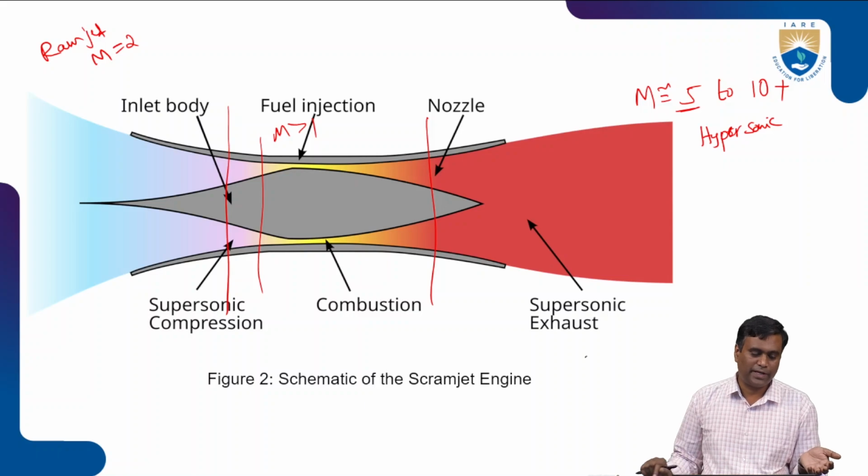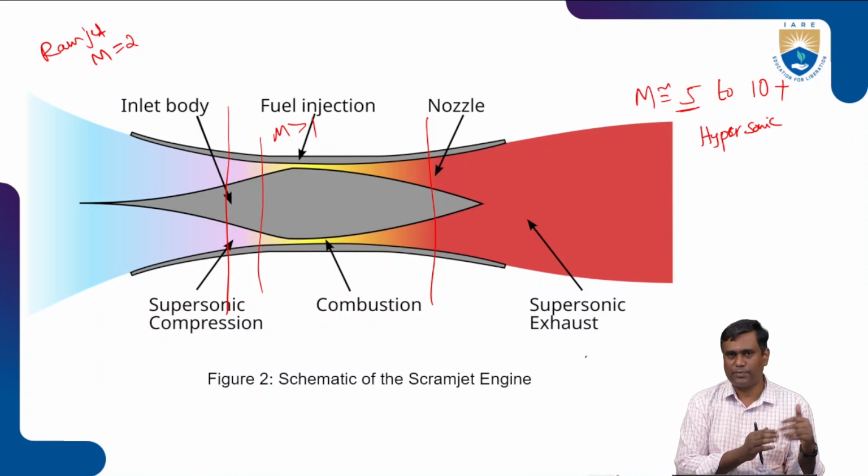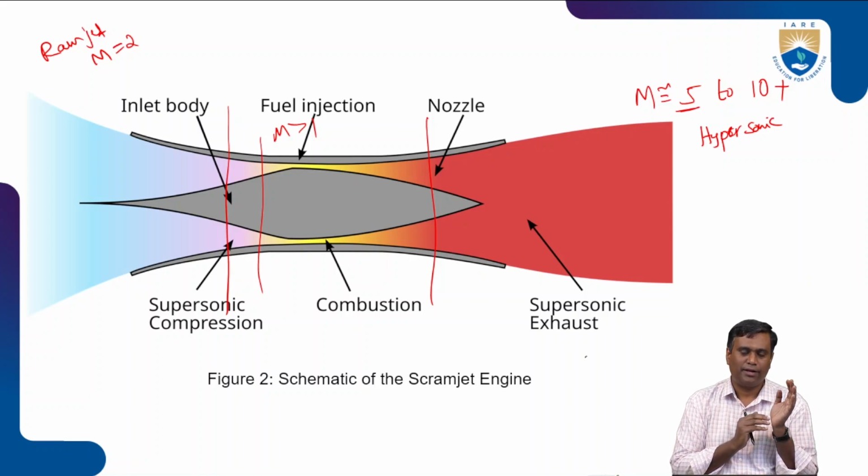But the shape and design of the inlet will vary for ramjet and scramjet, because the ramjet inlet should decelerate the flow to subsonic speeds. In scramjet, there is no deceleration. It should handle and supply stable supersonic air to the combustion chamber.